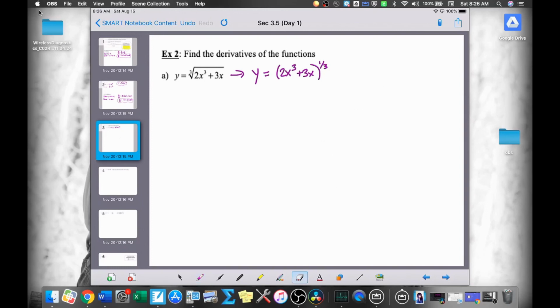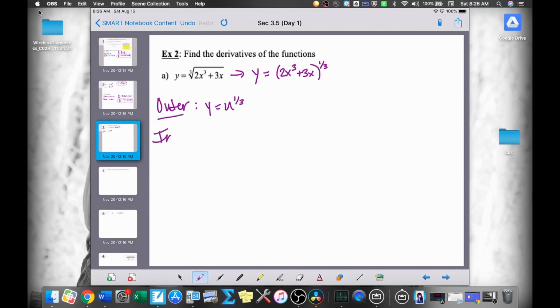So if I want to differentiate that, now I'm going to think about what is my outer function and what is my inner function. In this case, my outer function is going to be something to the 1/3 power. So y equals u to the 1/3 power.